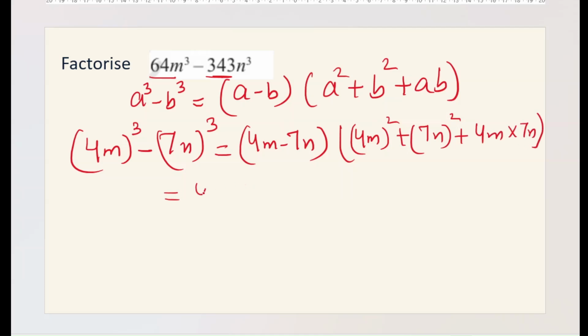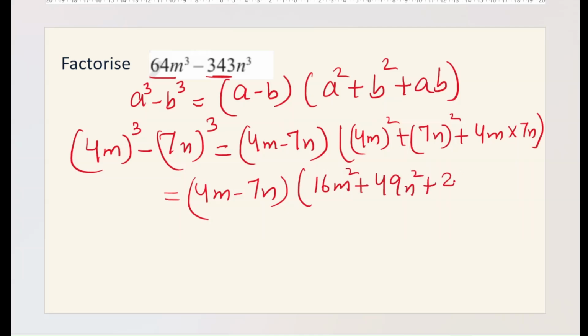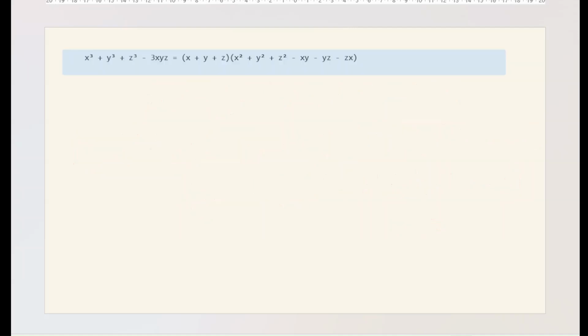So that is equals to 4m minus 7n, then 4m whole square means 16m square plus 49n square plus 4 sevens are 28mn. That's the answer.